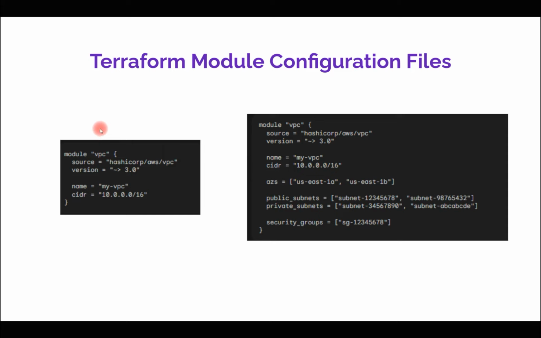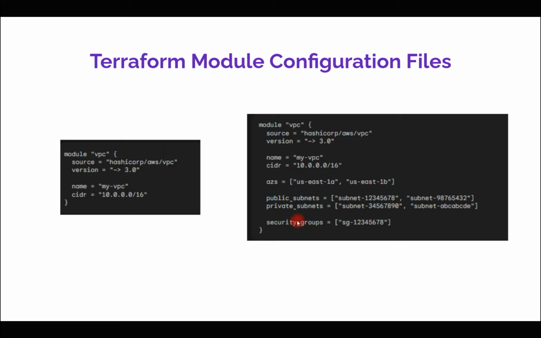For example, in the simple file on the left-hand side, we define the VPC, virtual private cloud, in AWS, and the value of its name, and we define the CIDR value, that is the subnet. Based on this, our configuration will be created. If we want to give more information in this module, we can define which availability zone it will use, what public subnets and private subnets it should use, and what security group can be used by your resources.